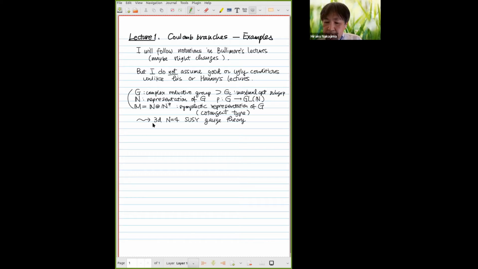Okay, I continue with several notations. So G tilde is some larger group which contains G as a normal subgroup, and G tilde still acts on N. And G_F, the quotient group, is called the flavor symmetry group.